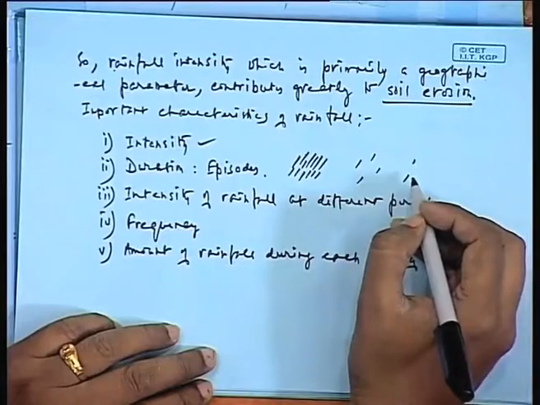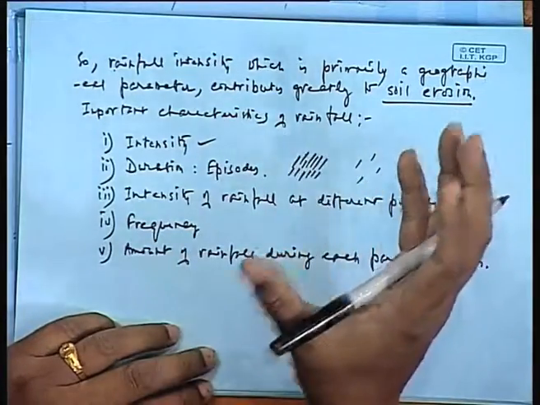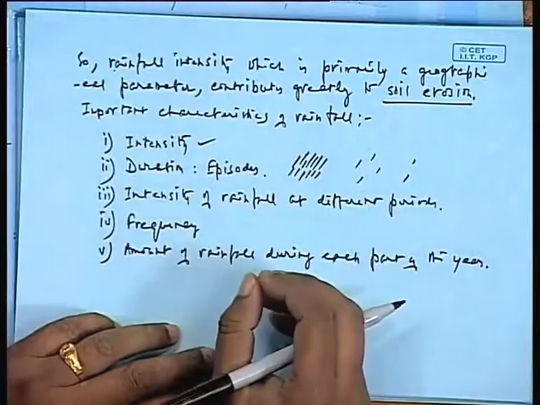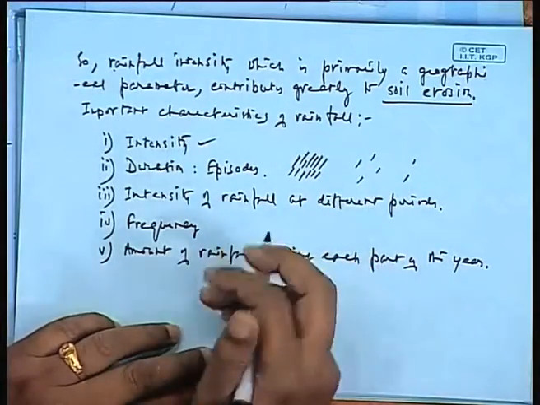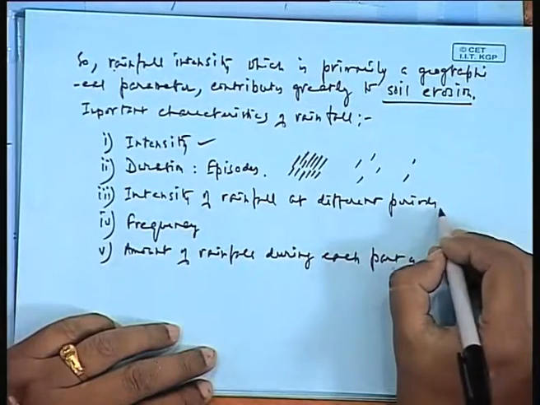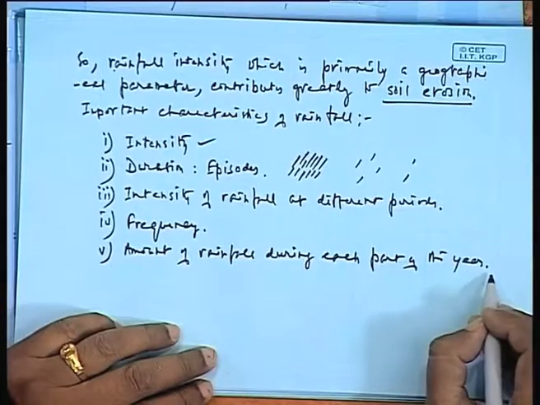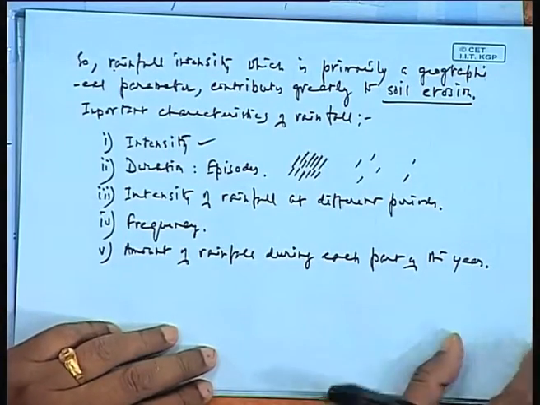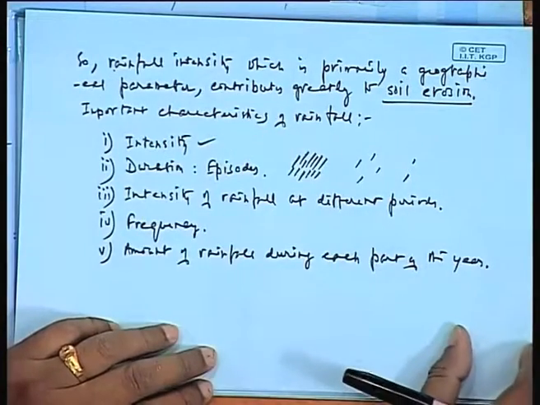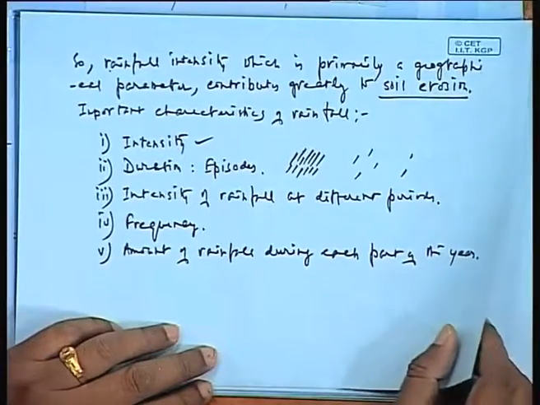These are called the episodes. So the durations or episodes are related to that. Intensity of rainfall at different periods, frequency, and amount of rainfall during each part of the year are the most important. I will come back to this again.